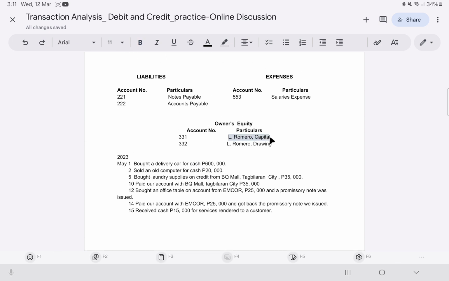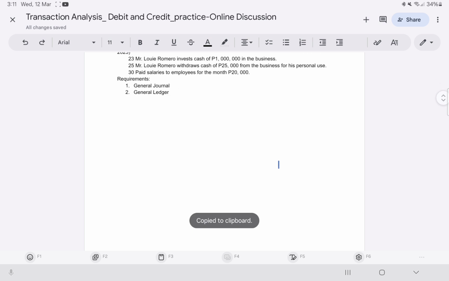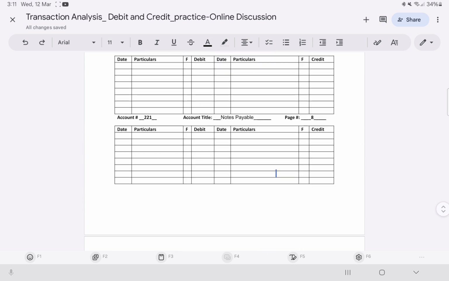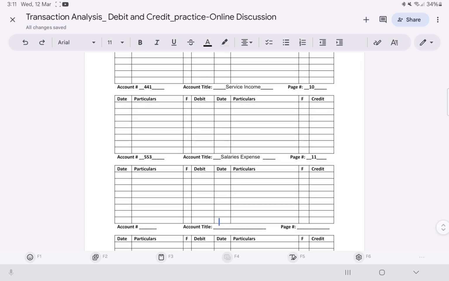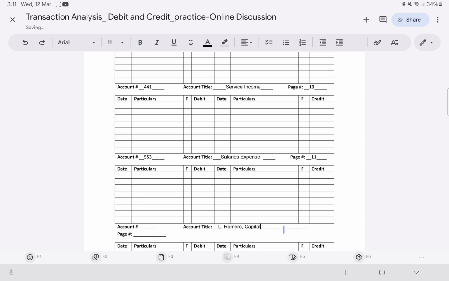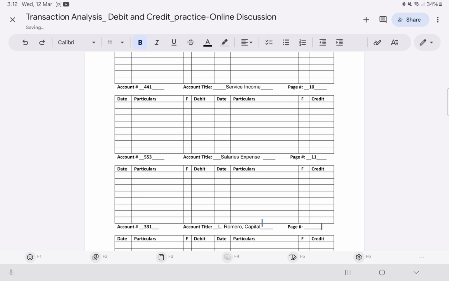So L Romero Capital 331. L Romero Capital. Okay, so 331, and this is page 12.